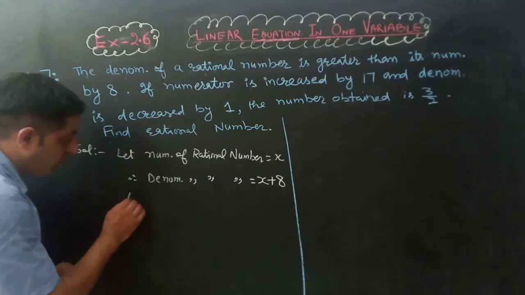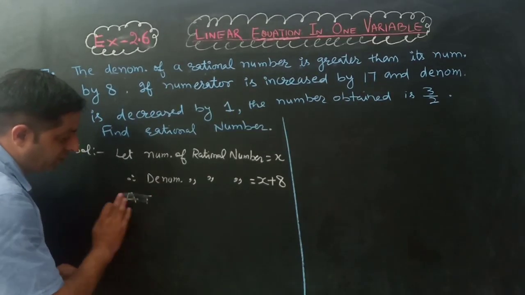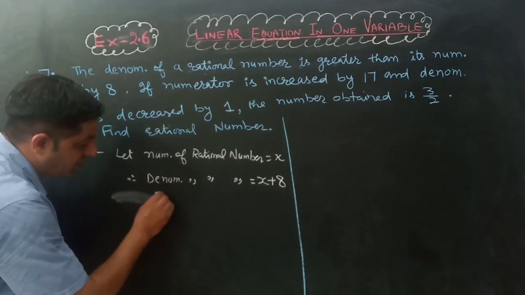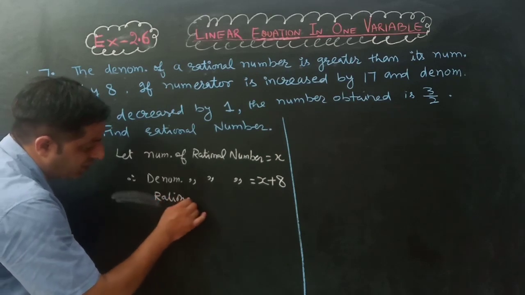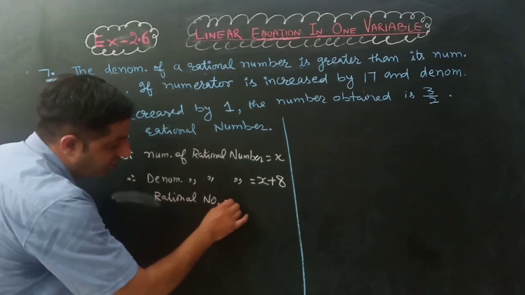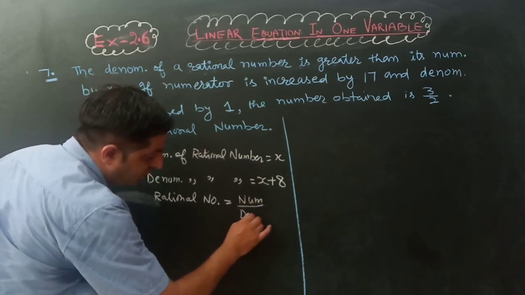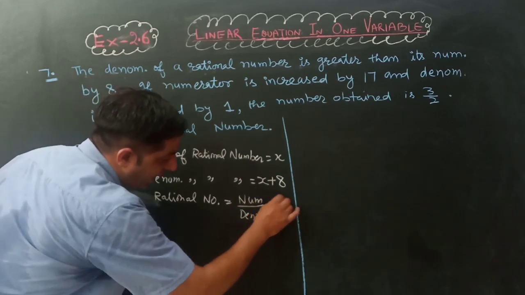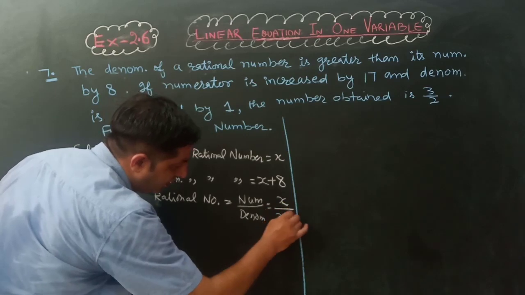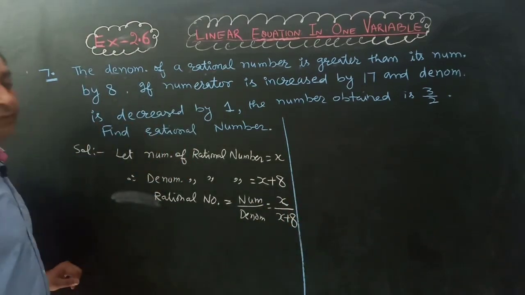Now according to the question, sorry, first write down the rational number. A rational number is numerator upon denominator, so the rational number is x upon x plus 8.